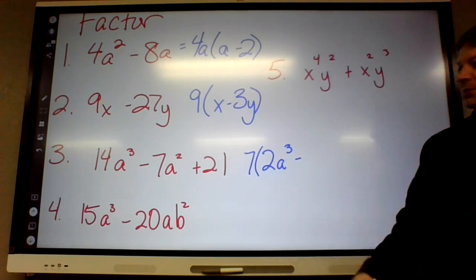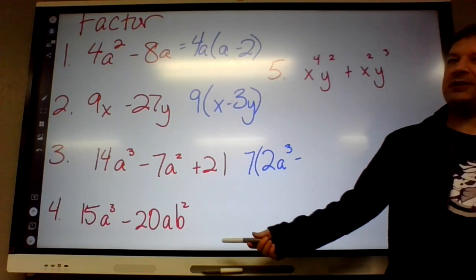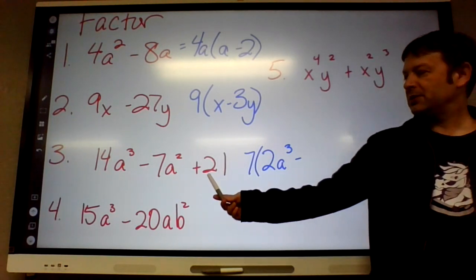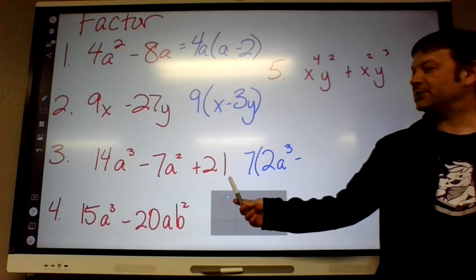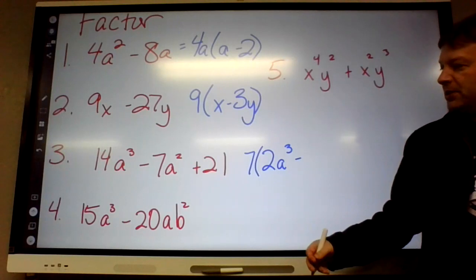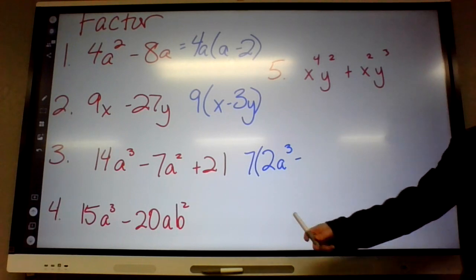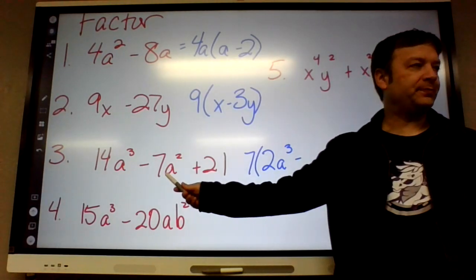Why aren't we taking 7a squared out? Because there's nothing on this last term to take out. It's got to come out of all of them. So just the 7 works. On this middle term, do you know what's going to be left?